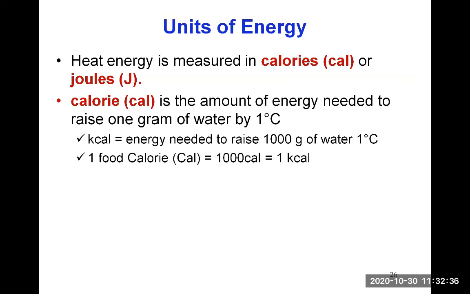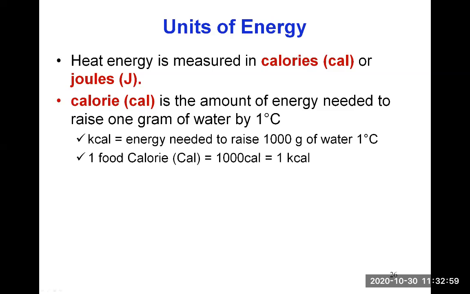And so you may think, oh, I know about calories. That's the unit we see on the nutrition facts for food. But be careful, there are two types of calorie units. There is the lowercase c calorie and the capital C calorie. And these are two different units.